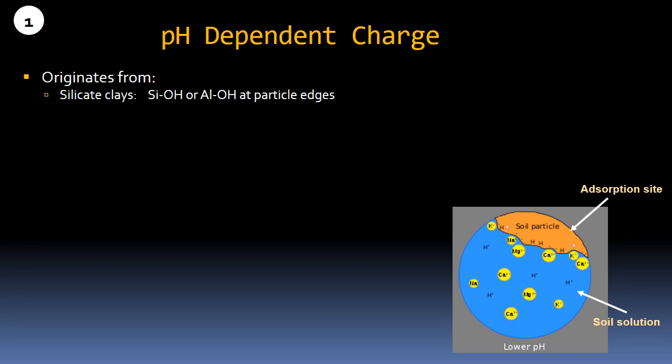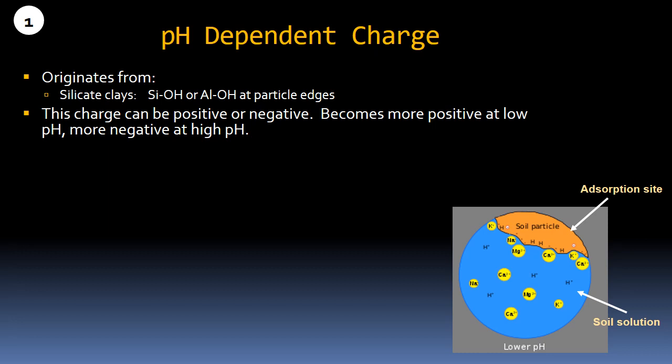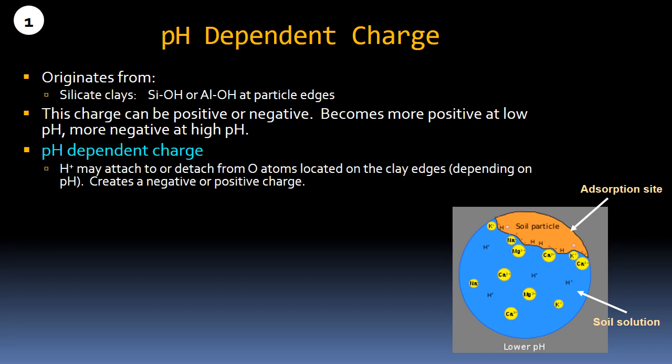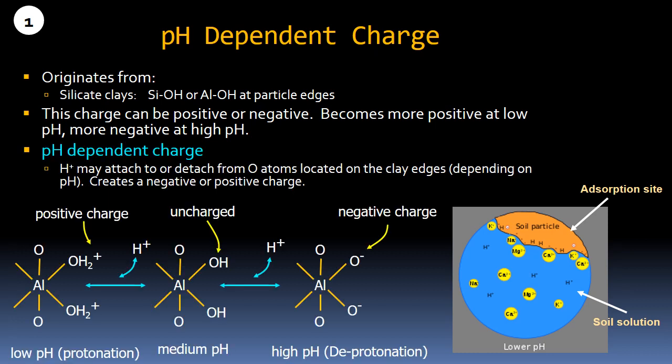So as I said, depending on the pH, you will create positive or negative charge. Something else I want to emphasize about the pH dependent charge is that it happens at the edges. What do we mean by the edges?